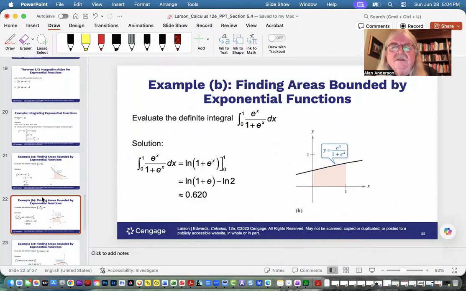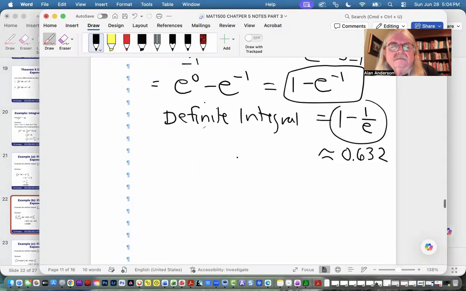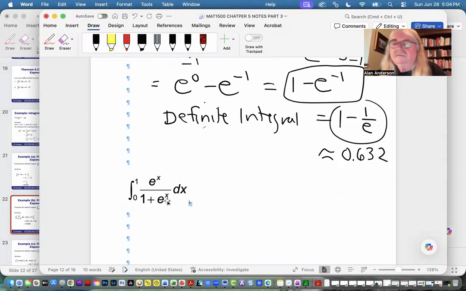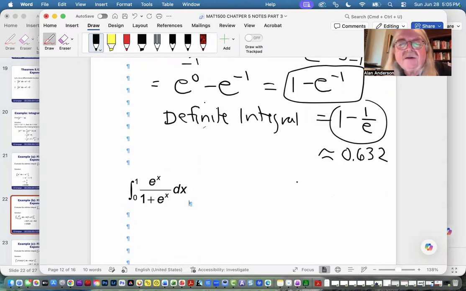Here's another fun one. Oh, what do we do with this one? Well, you know what? Here, let's try this. Now, here, there's a couple of possibilities. If you get it wrong the first time, you'll just end up making a big mess. So you'll know you've got it backwards. So let's try u equals 1 plus e to the x.